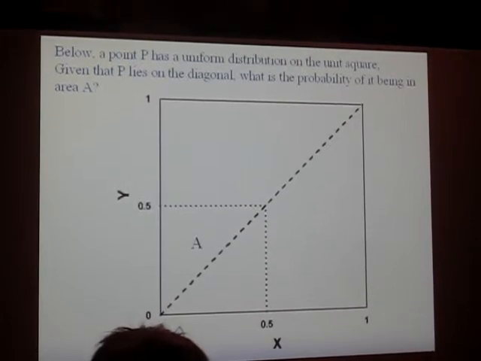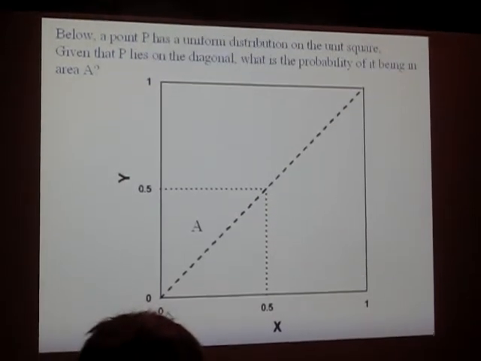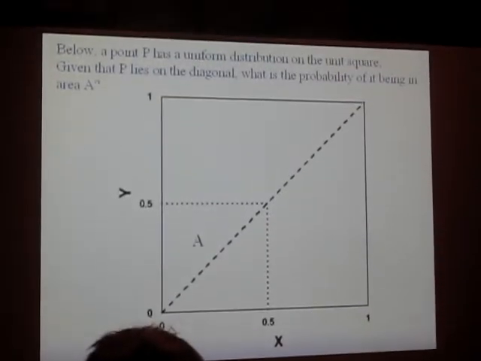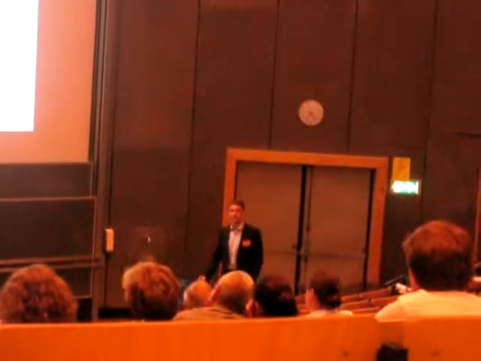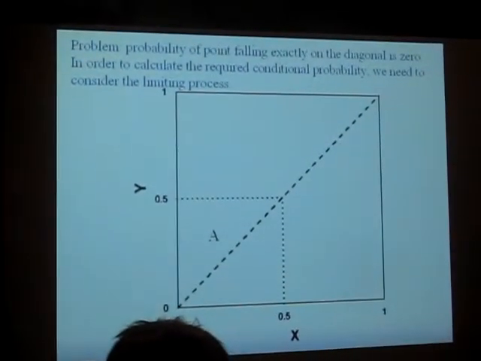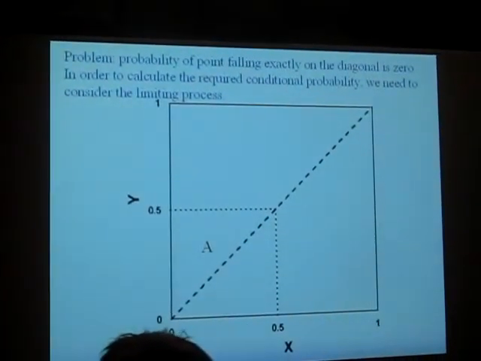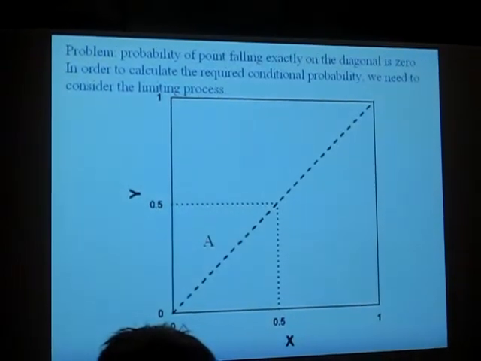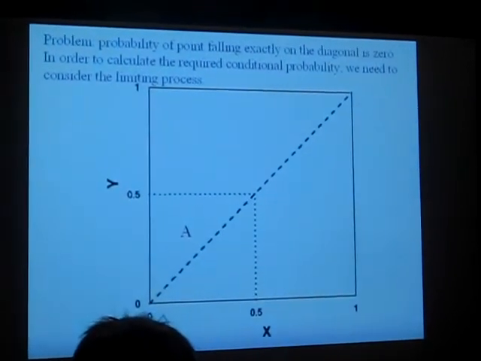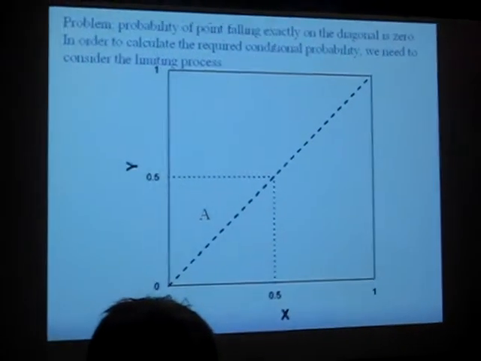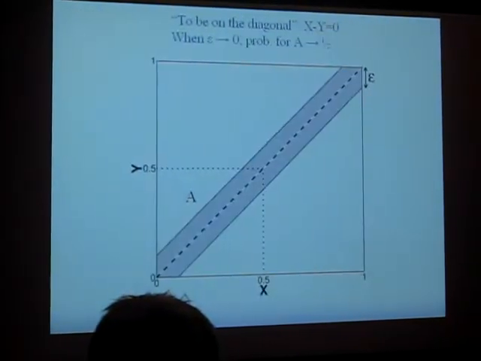Now, we need to condition here on something that has probability 0, because the probability that the point will lie exactly on that diagonal is 0. So in order to calculate the required conditional probability, we need to consider a limiting process. There are multiple answers to this problem. I will consider two.